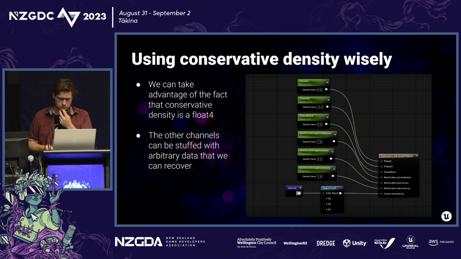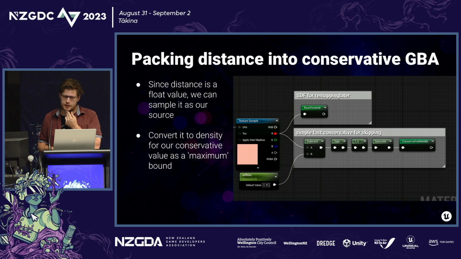So we can stuff whatever data we want in there. In this case, I'm sampling the signed distance field. I'm using a sign node to detect whether we're inside or outside of the cloud. If it's inside, that's going to be a value of 1, and we plug that into the conservative density. If it's outside, it's going to be 0, so it's going to skip.